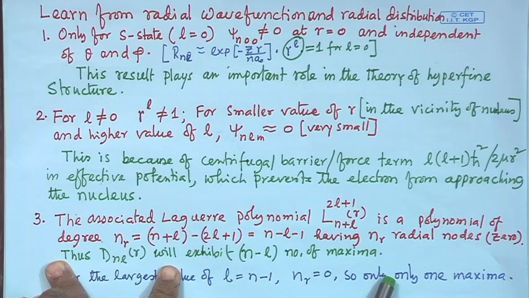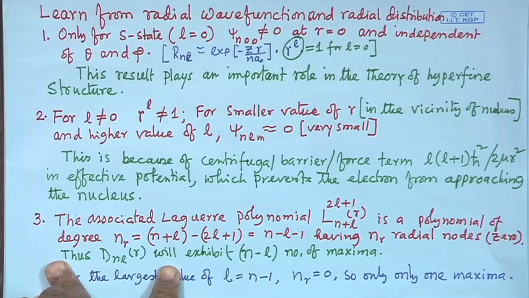What does it mean? You will have n minus L minus 1 number of nodes. Then you will have antinodes, or maxima, which is just the number of nodes plus 1, so n r plus 1 number of maxima.